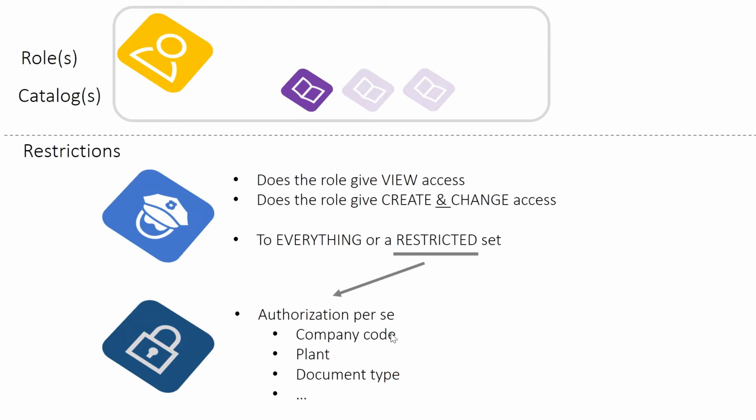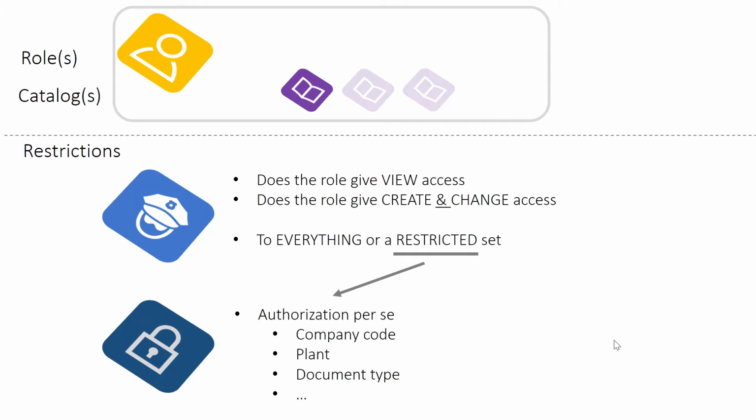And of course, the authorizations will be different and contextual with regards to the role and catalog that you are trying to maintain these authorizations for. So that's on the theory side of things.